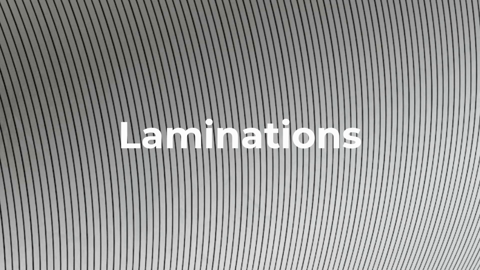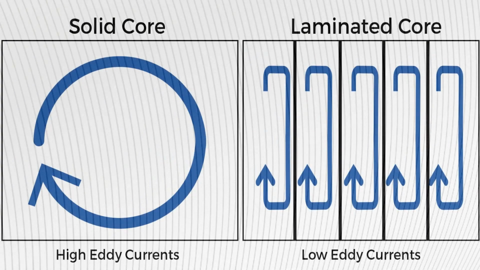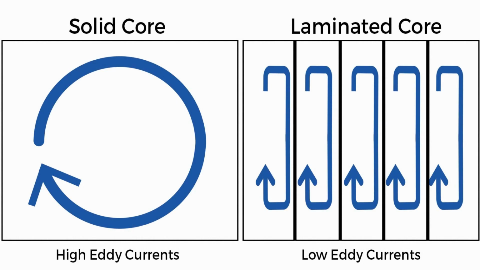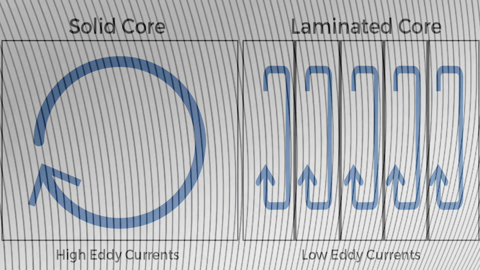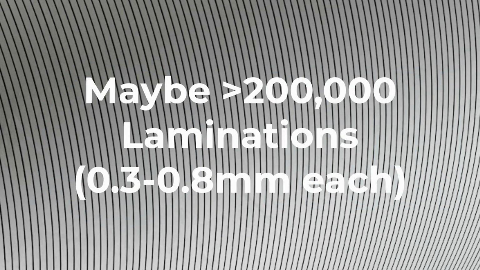Constructing the core in this manner allows us to reduce our eddy current losses and also our hysteresis losses. Keep in mind that the laminations will be very thin. A typical stator core may have 200,000 steel laminations that have been clamped together to form a single core.